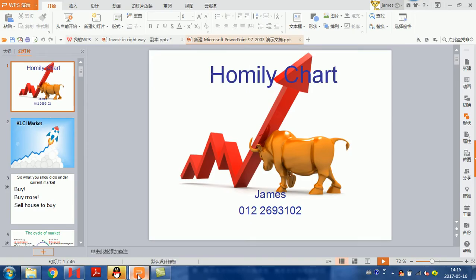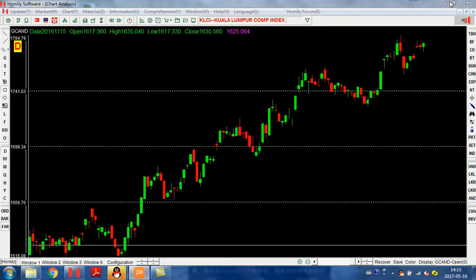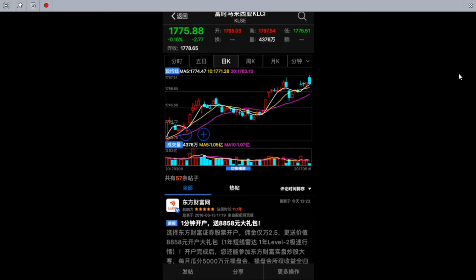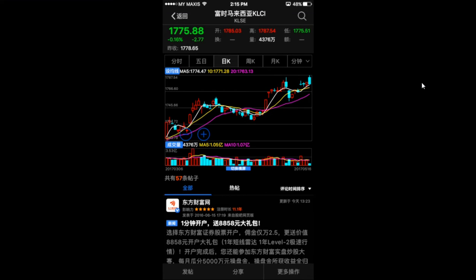And for today's market performance, as we see in the intraday picture first, the KLCI currently stops at 1775.88. Open high, close low, right? Open high here, the top point at 1787.